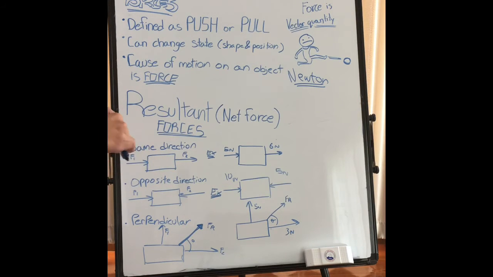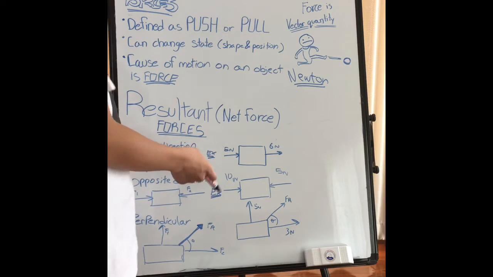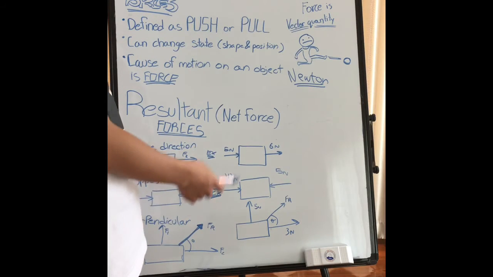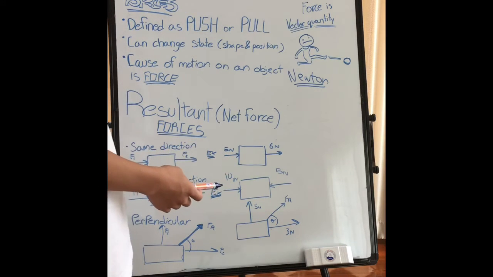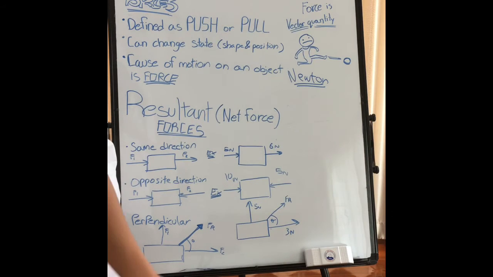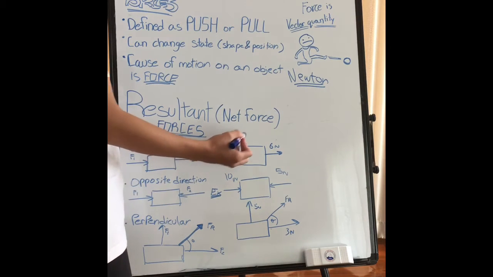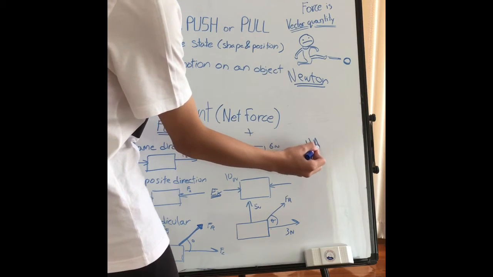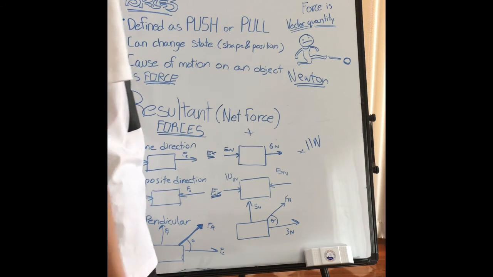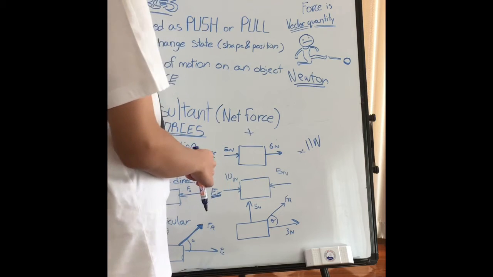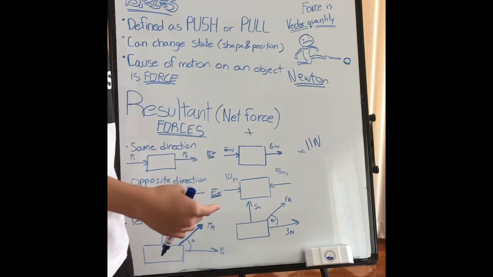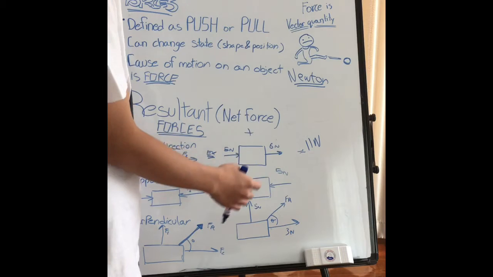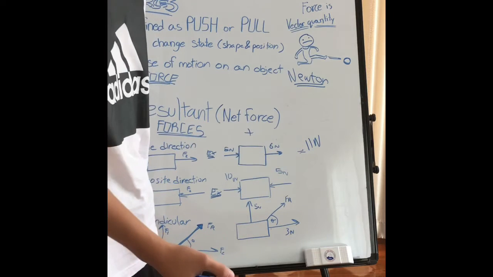For example, we get 5 Newton to the right and 6 Newton to the right too. So we combine them, 5 plus 6, which is equal to 11 Newton. You look at which direction it goes. It goes to the right, so it's 11 Newton to the right.